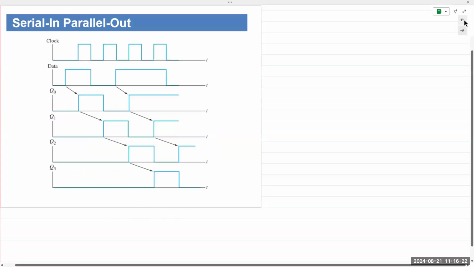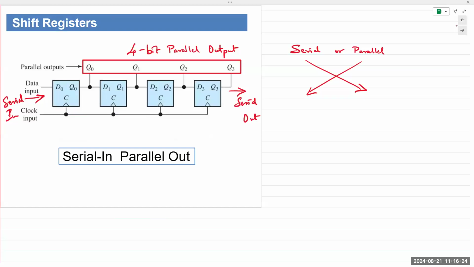All right, let's go back to our first one. What do we see? We have 4 D flip-flops. The output of the first one goes as input to the next. So Q0 goes to D1, Q1 goes to D2, Q2 goes to D3.